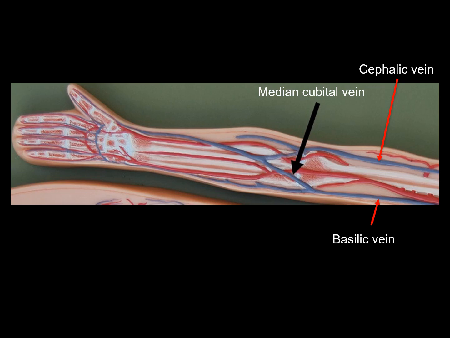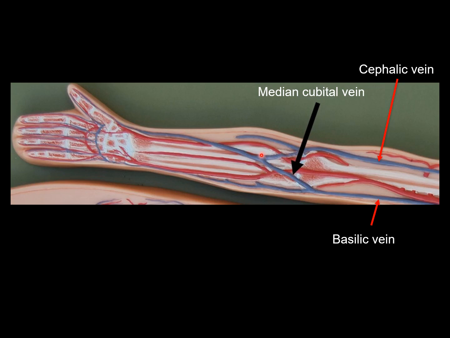So what can we see on the model? So remember our artery coming in, so our brachial artery coming down and then branching, radial and ulnar, okay? So they don't show those deep veins running with those arteries, okay?